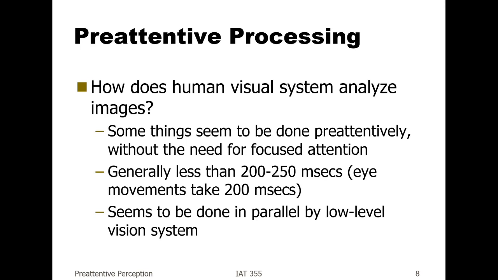I'll show you a little experimental apparatus a little later on that indicates that each of us can do these things very rapidly. By rapidly, once again, we mean 200 or so milliseconds, or 1/5 to 1/4 of a second, and it seems to be done by this low-level parallel vision system, stage 1.